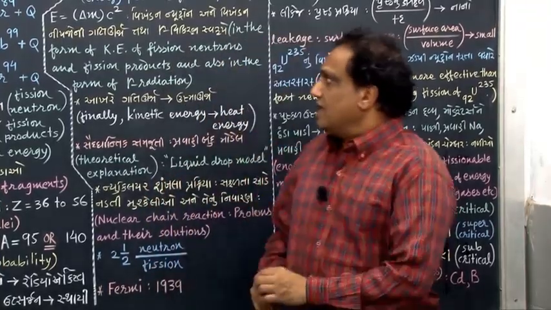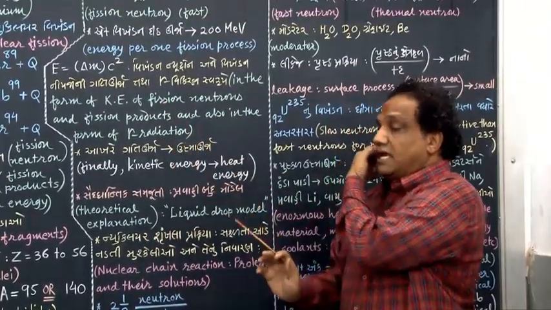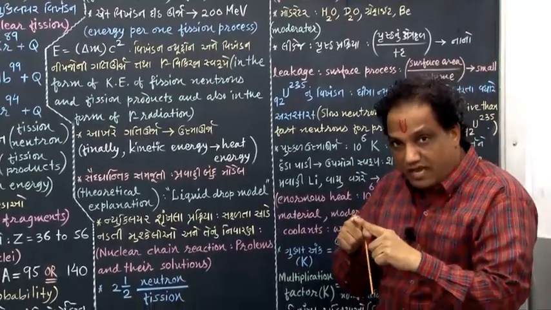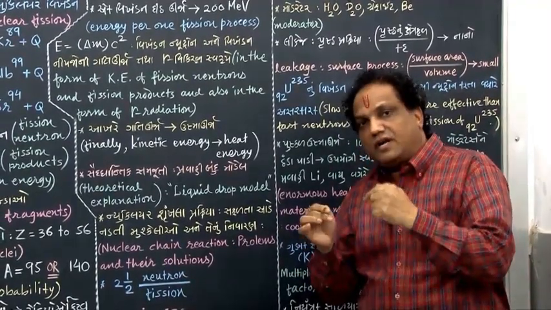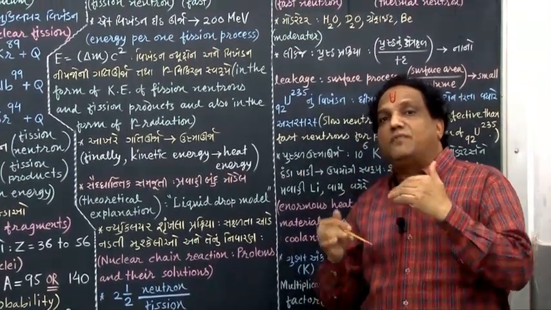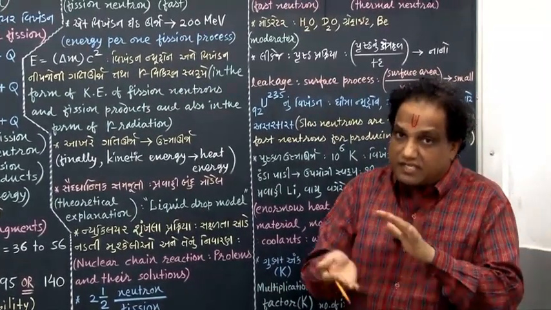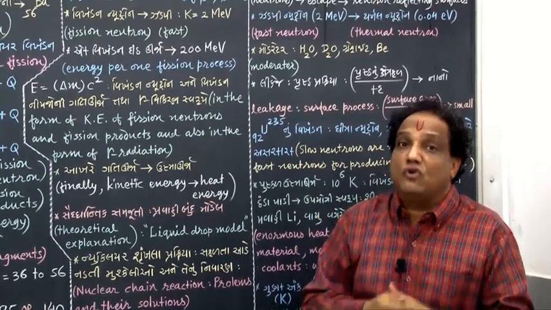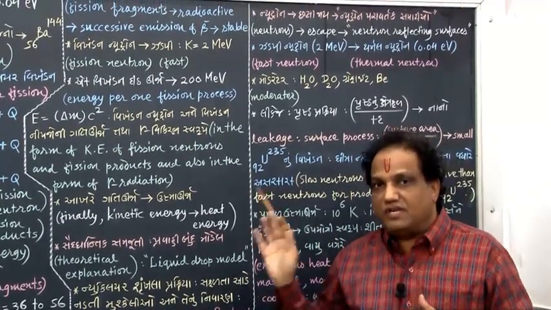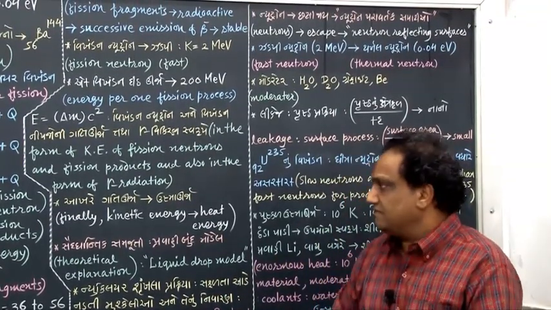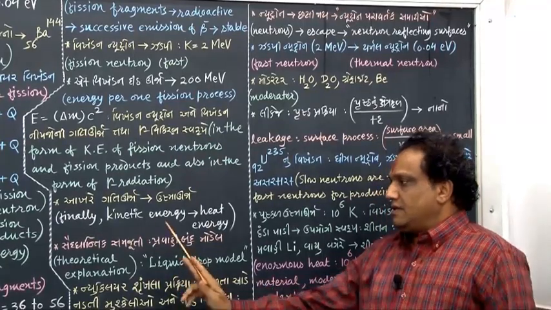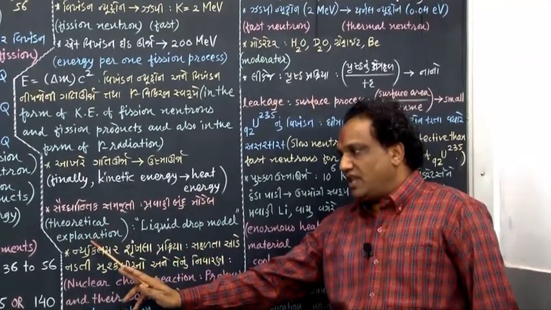Okay, fine. Whatever is the kinetic energy associated with neutrons and fission products, ultimately that is transformed into heat energy, and how that heat energy is transformed into another useful form of energy we will see later on.